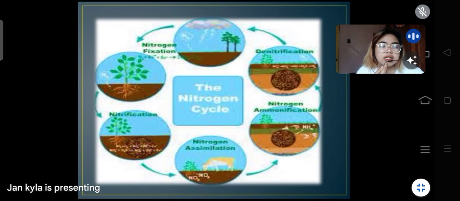And lastly, denitrification. Although most of the nitrogen gets back to other living things through plants, other nitrogen left in the soil can get back out into the air, and this process is called denitrification. This process involves special bacteria to make nitrogen less dense and get back to the atmosphere.